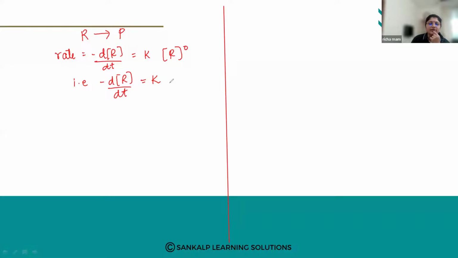R raised to 0 will be 1. So minus dR by dt is equal to k. Now this is the equation. What we will do: minus dR is equal to k into dt.